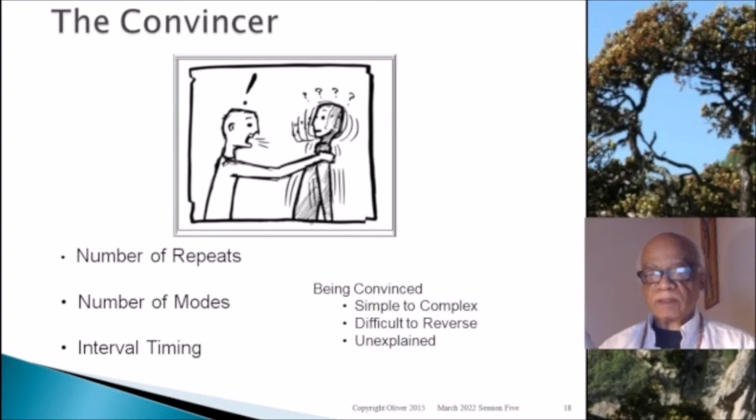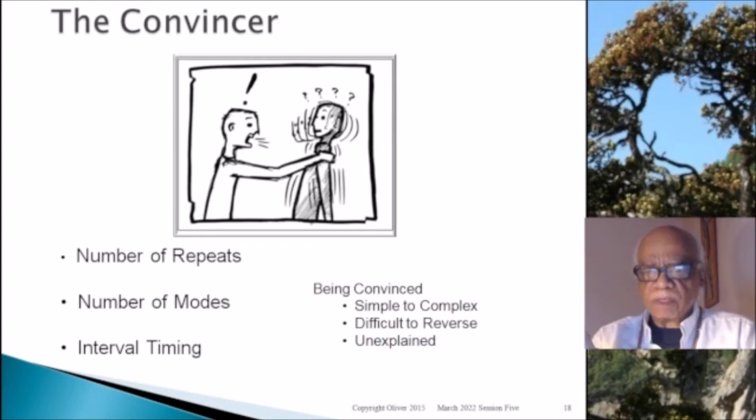And then finally, there's an unexplained component here. If you ask someone, why did you make that decision? They may be able to tell you, and then they may shrug their shoulders and say something like, oh, I don't know, I just didn't feel like I wanted to.